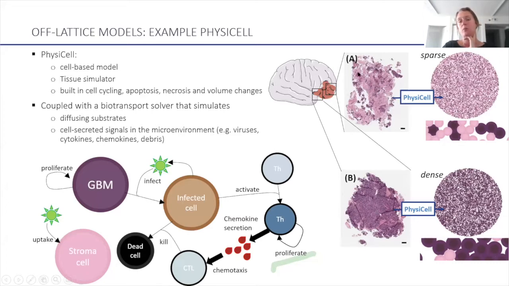So you can see in this sample here, it's got quite a lot of stroma, whereas in this one, there's a lot more GBM cells. So in Fizzy cell, we recreated that same density in a random way, but at the same density ratio of stromal cells to GBM. And then we created a model for how that tumor might actually perform, either this sparse aspect of it or this dense aspect, under virotherapy.